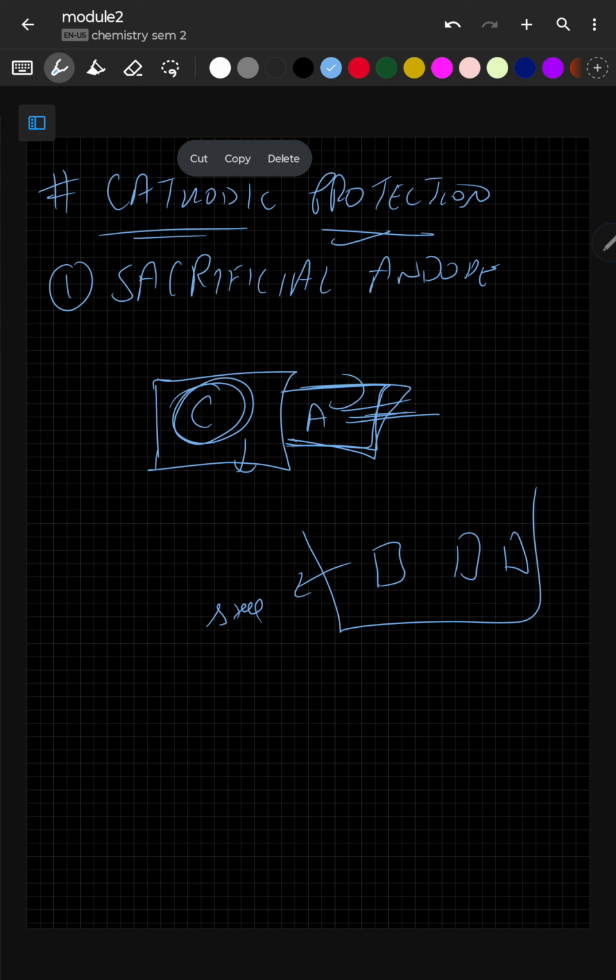That's also one of the examples. So that is basically what we studied as sacrificial anode. We are connecting an anodic metal like zinc to the metal to be protected, like iron, from corrosion. The anodic metal sacrifices itself, undergoes corrosion and oxidation. So to protect the base metal, we have to replace it frequently.